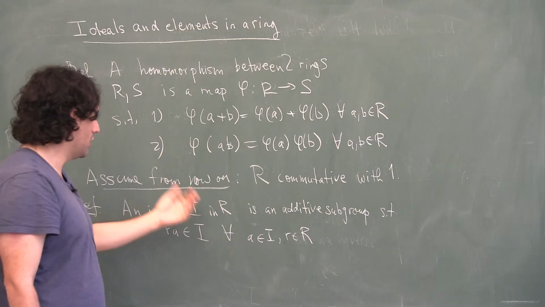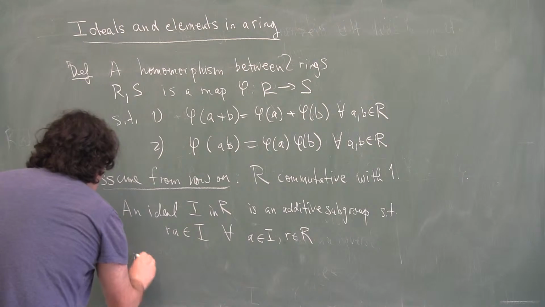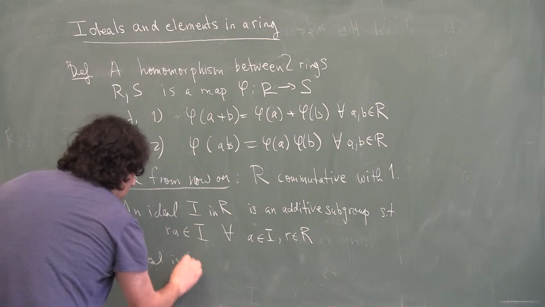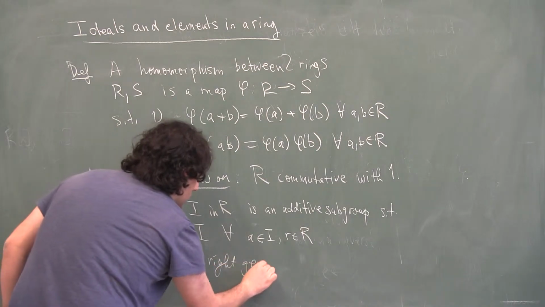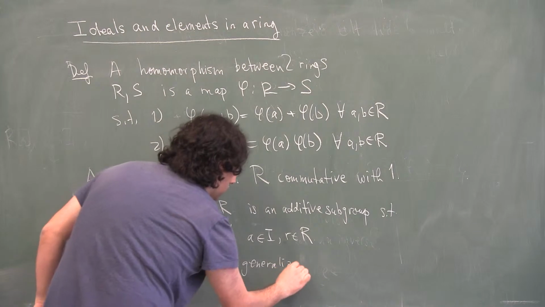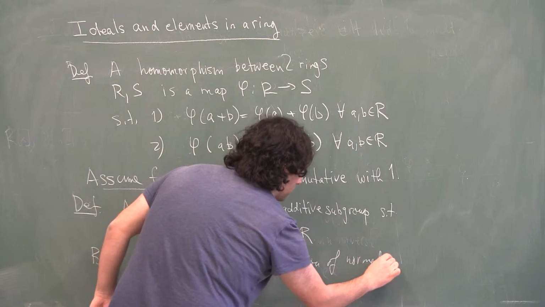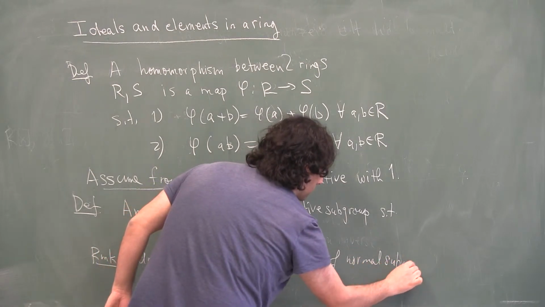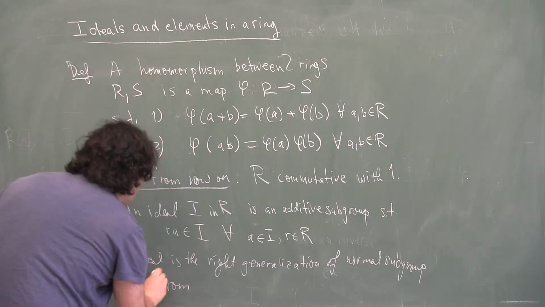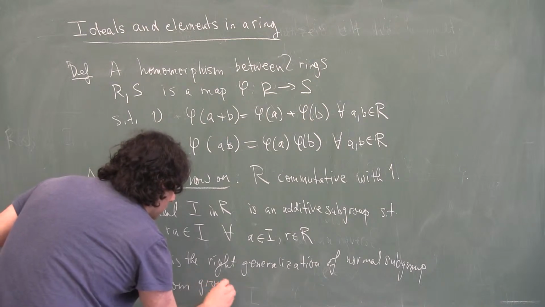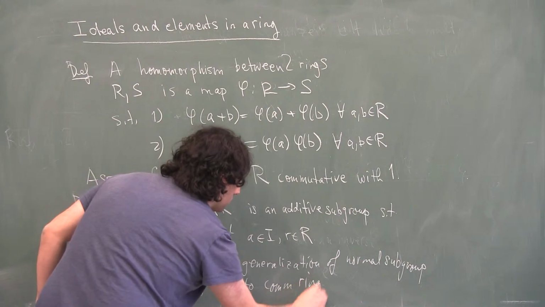So, remark: an ideal is the right generalization of normal subgroup from groups to commutative rings.